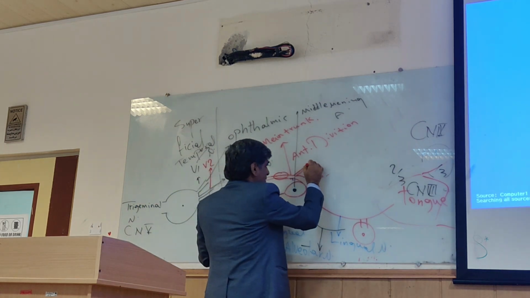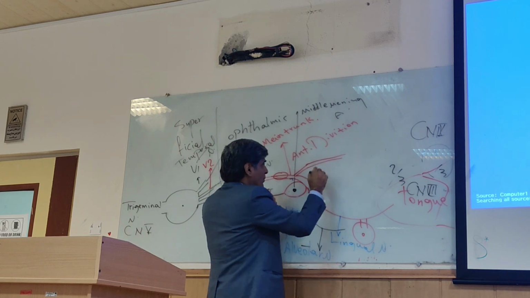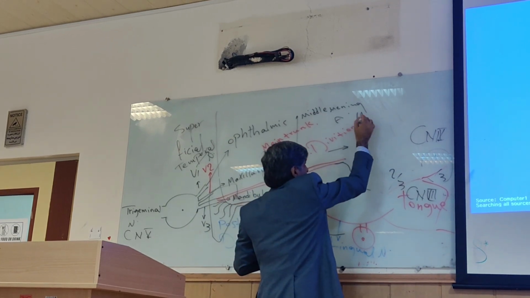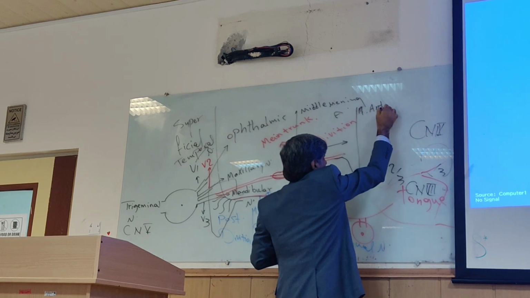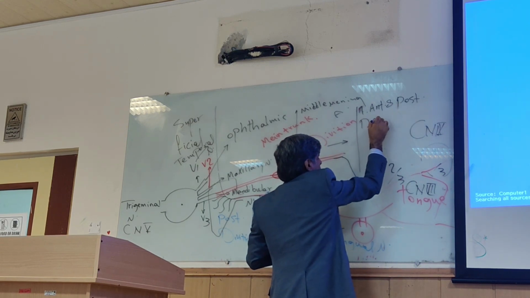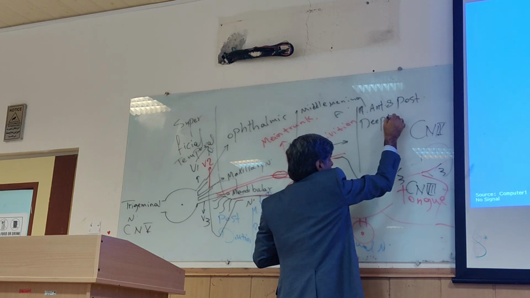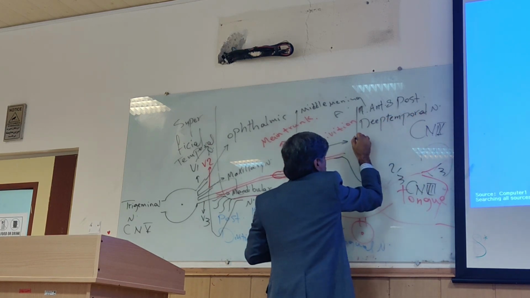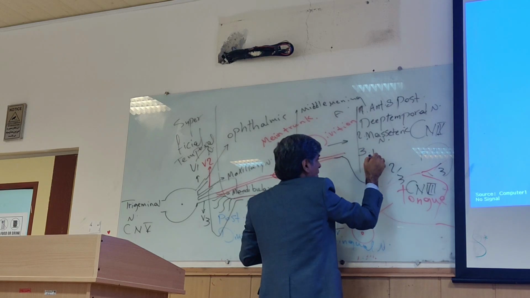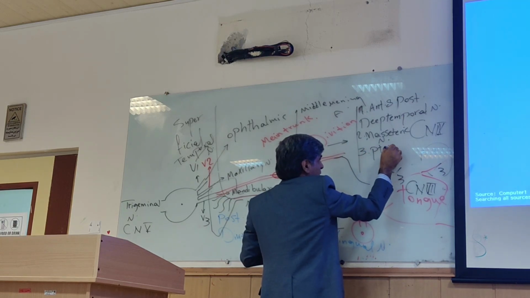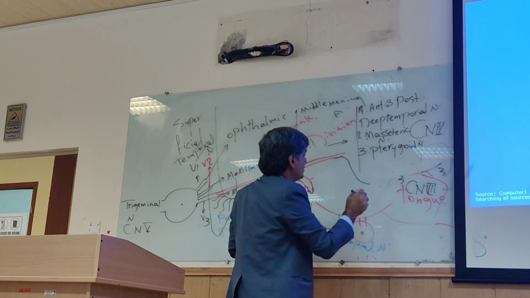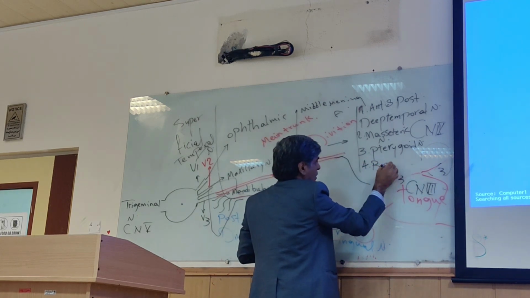Okay? And the other branches come from the anterior division. The anterior division contains branches to all the muscles except the buccal branch. Branches of the anterior division: anterior and posterior deep temporal nerves, masseteric nerve, lateral pterygoid nerve, and buccal nerve.